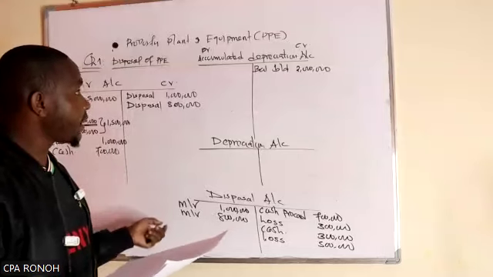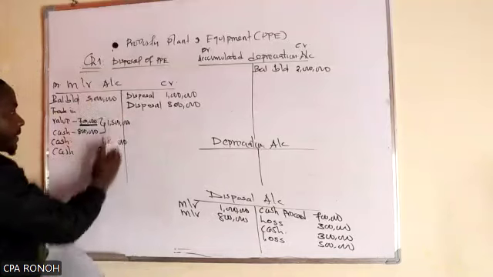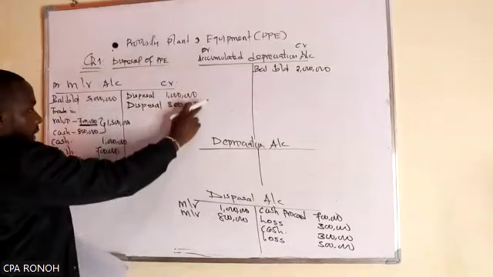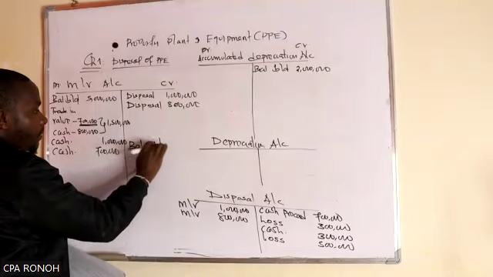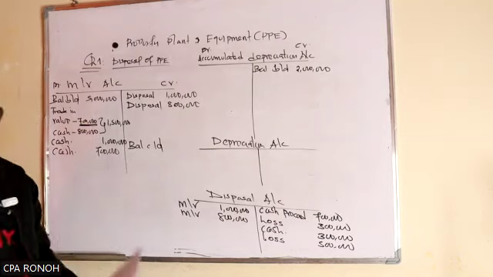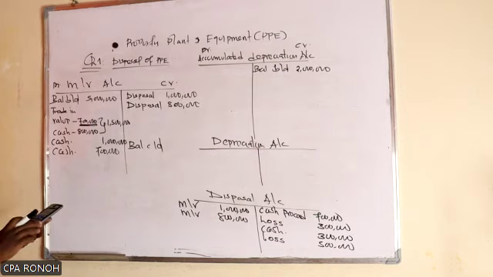So what we just need to do is to get the net book value: add this, subtract this to get the balance carried forward. So let's have that 5 million plus 1.5 plus 1 million plus 700,000.